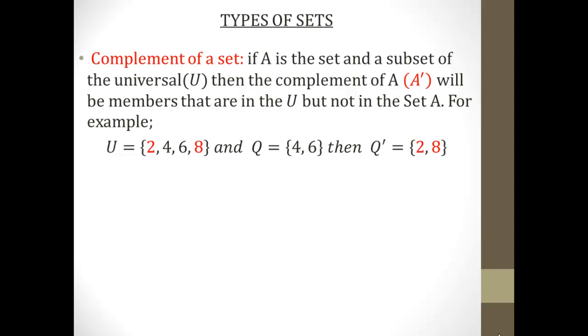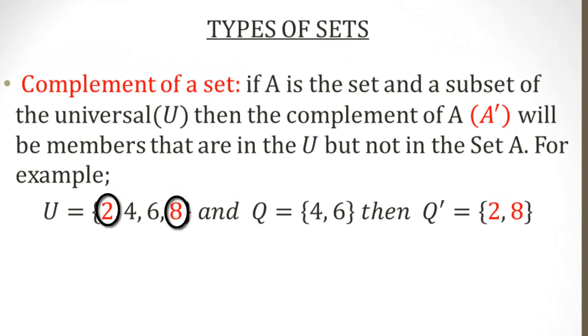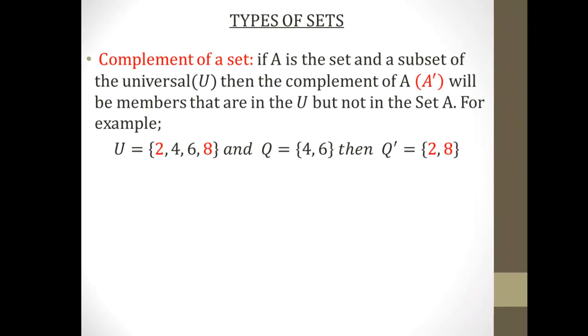So the complement, which is the Q prime, the complement of Q, will be members that are in the universal set but they are not in the original Q set. Those members are 2 and 8. So the complement of Q is 2 and 8.